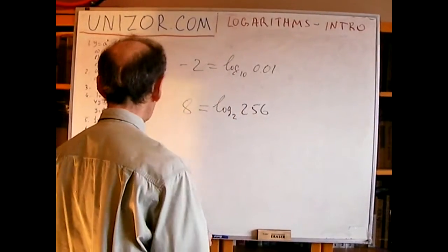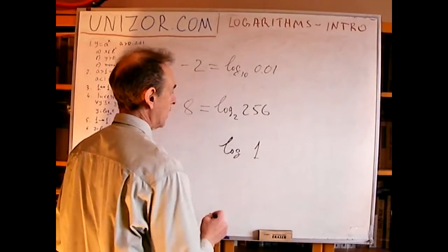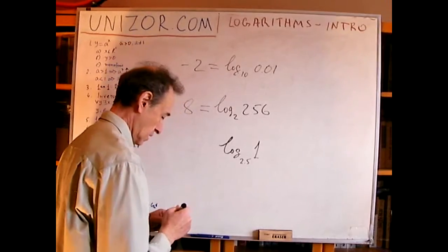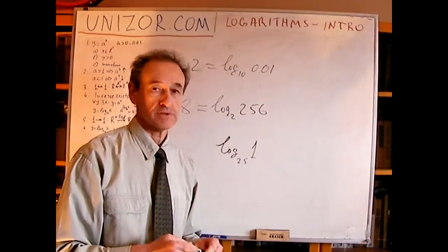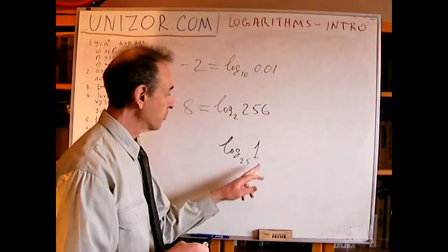And the third example I have is logarithm of 1 base 2.5. I don't want to scare you. I put base 2.5, it's not exactly a nice number, but I put 1 here.